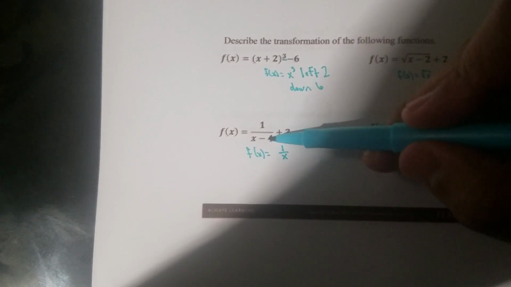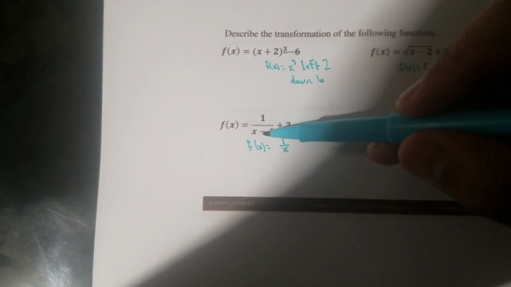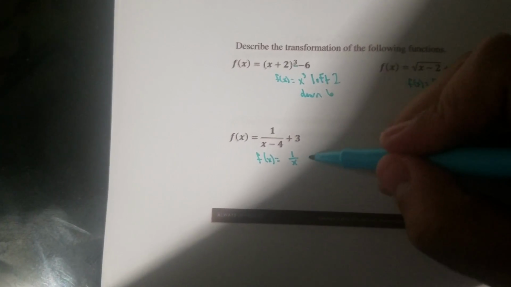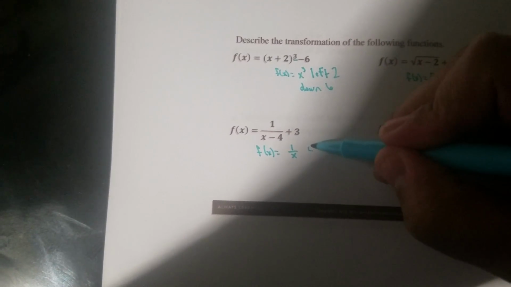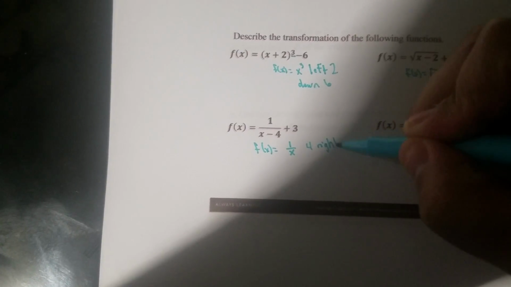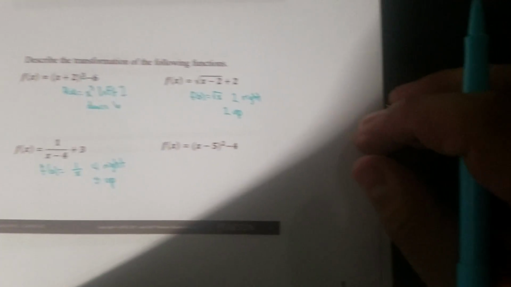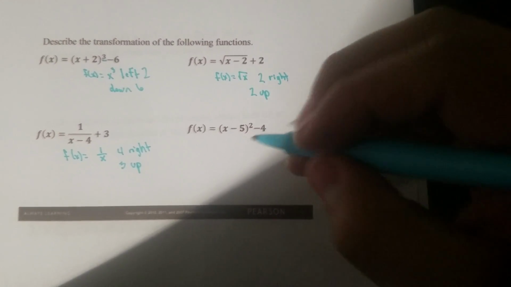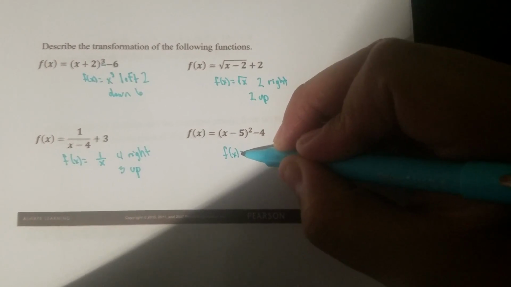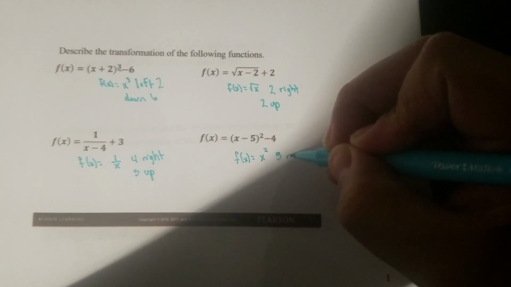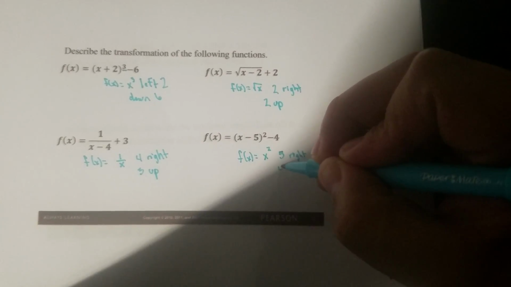And the -4 is with the x here, so you can count this as being with the parentheses. Since it's minus, it moved 4 to the right and 3 up, because of the plus 3 that's out here. And last one here, the original equation is x squared, and I move 5 to the right and 4 down.